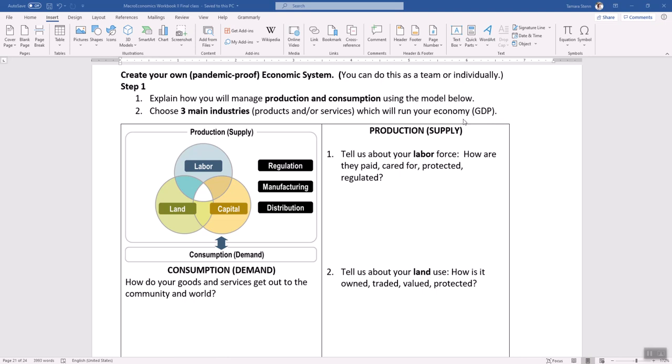For example, when we studied different economies, we're looking at what kind of percentage did they have of those goods, services, agriculture, okay, to run their countries. So think about that with your own country.